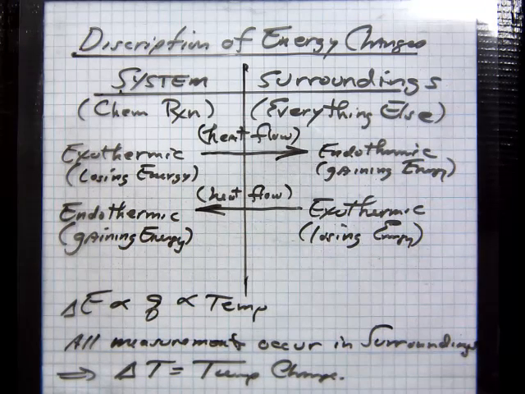And it's from that you make the decision whether or not the system is gaining or losing energy. Because if the temperature is going up on the surrounding side, it's got to be going down on the system side. If it's going down on the surrounding side, it's got to be going up on the system side. So it's opposite. But you have to make that interpretation relative to the system, but you're measuring everything in the surrounding.